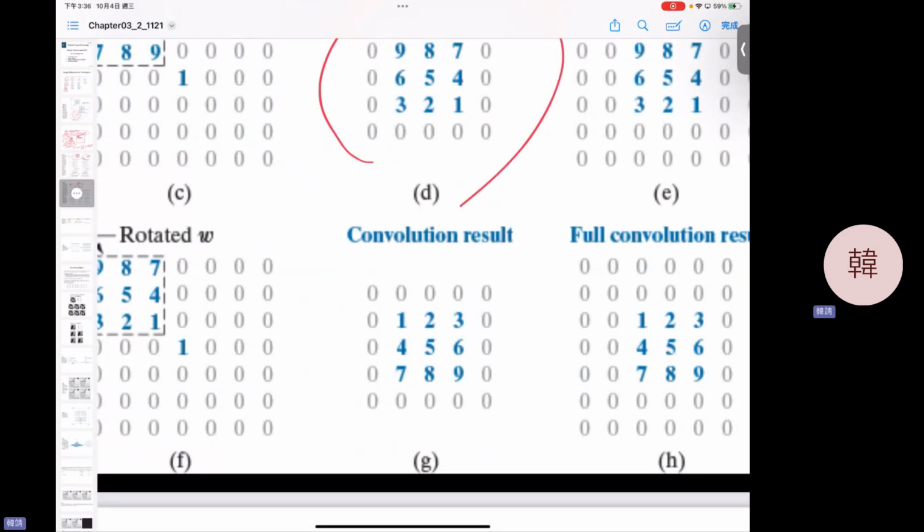When you operate convolution, you have to rotate your mask left to right, up to down, and then go through the mask operation step by step. The result will be like this. That is the same spatial order of your data.